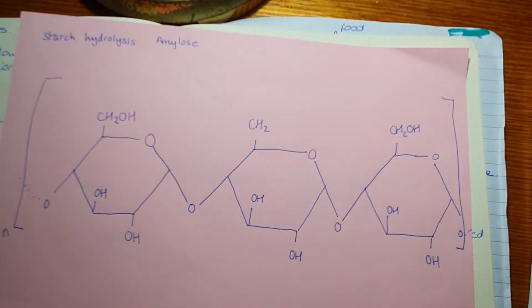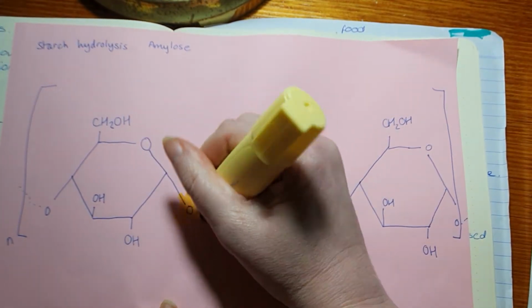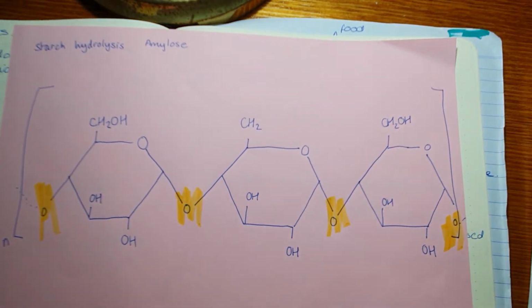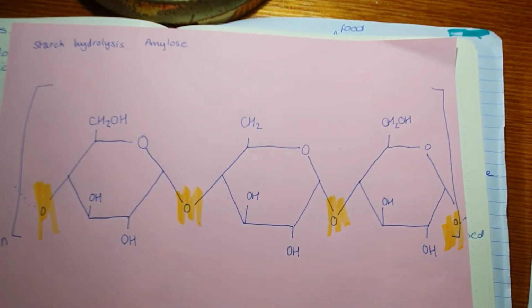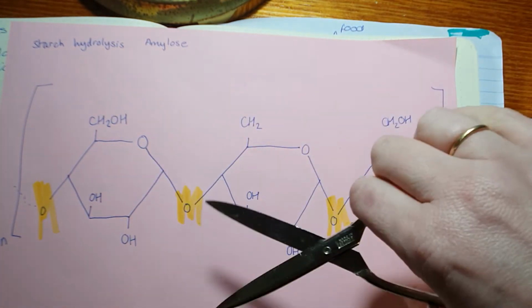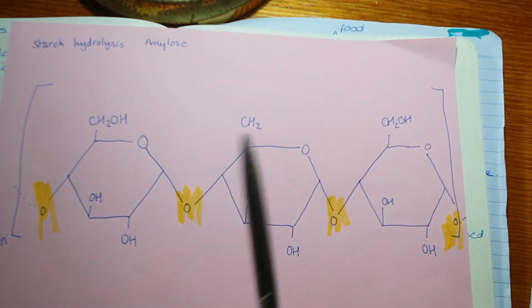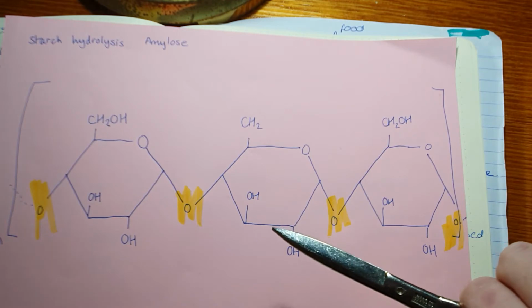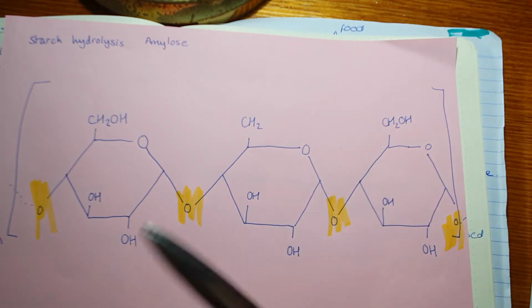I have my links here, just the links, and what happens is my enzyme comes across. It's specific, fits into the space, and lowers the energy needed to break things apart.